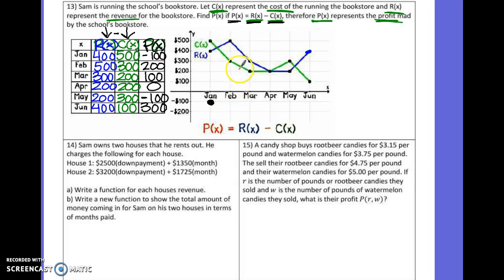The next, February, is 200. Oh, I guess I should line it up a little better. I can't really see the lines. Then we got 100 in March. And 0 in April.